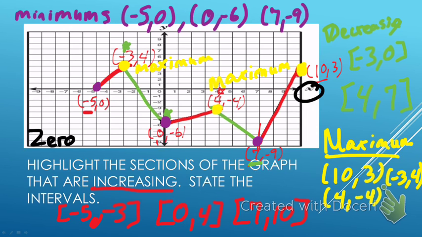The 3 points that I see are going to be highlighted in black. I see -5, 0. I also see -2, 0. And I see 9, 0. So our zeros are -5, 0, -2, 0, and 9, 0.